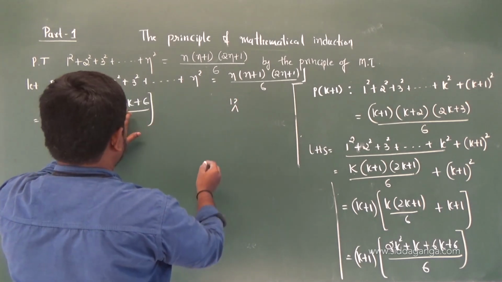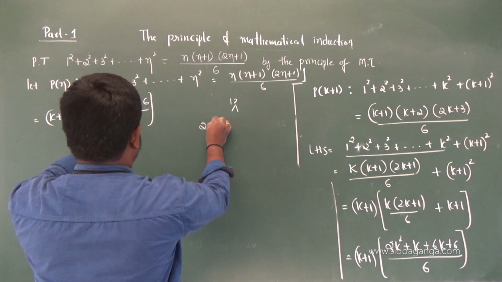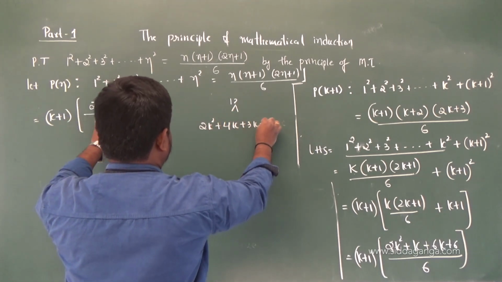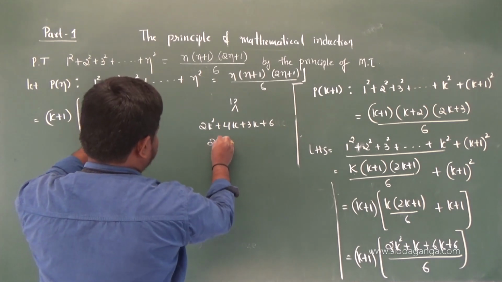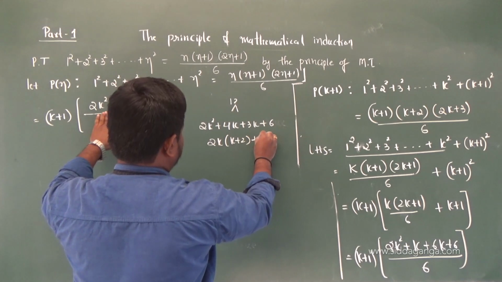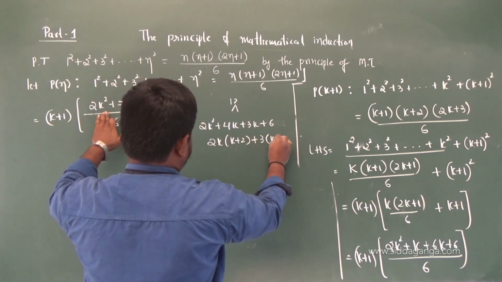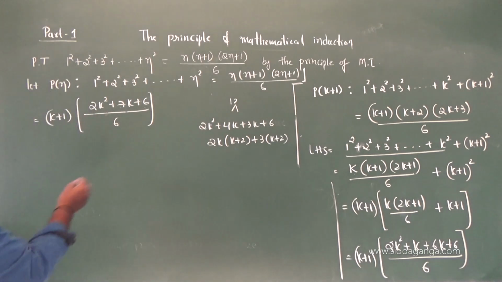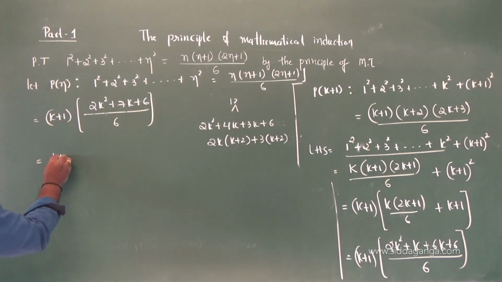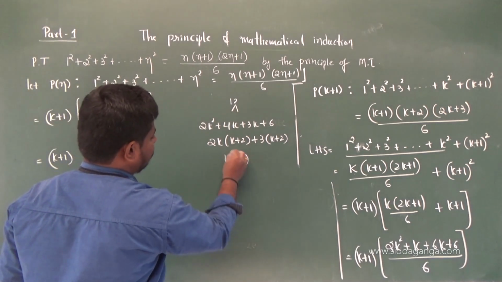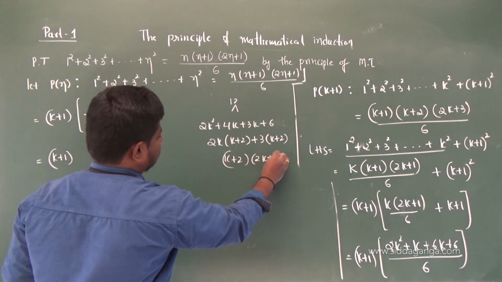So 2k square plus 4k plus 3k plus 6, right? So you get the factors k plus 2 into 2k plus 3. So the factors are like this, k plus 1 into k plus 2 into 2k plus 3.